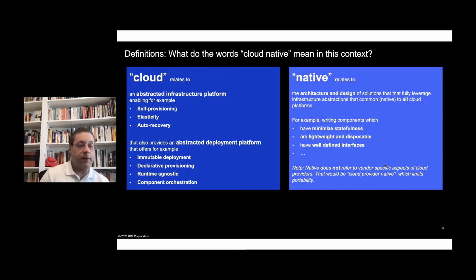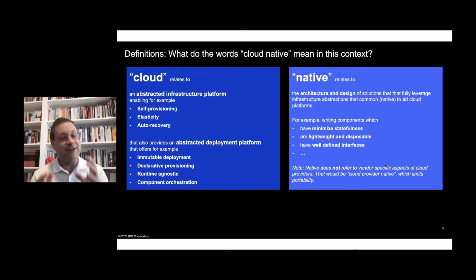One of the things we do end up having to talk about is, notice that at no point did we refer to a specific use of a cloud provider tool or cloud provider service. We often hear people say, well, yes, we're running on Amazon, we're cloud native. That's not what it means.